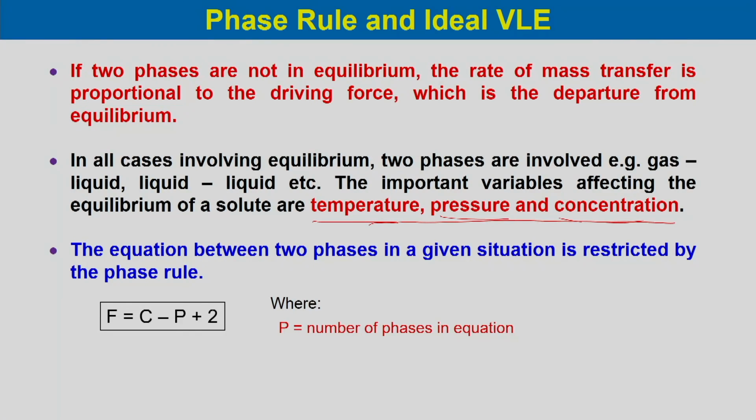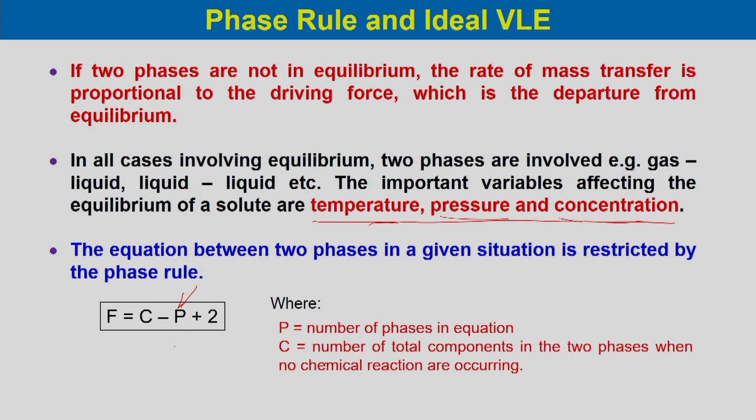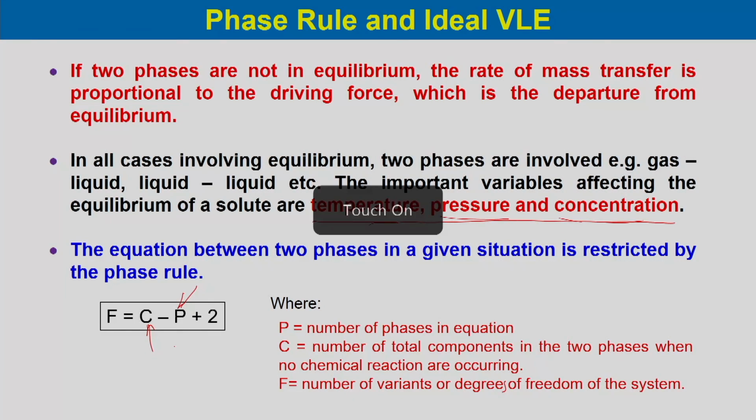In this equation, P is the number of phases, C is the total number of components in the two phases when no chemical reactions are occurring, and F is the number of variants or degrees of freedom of the system.